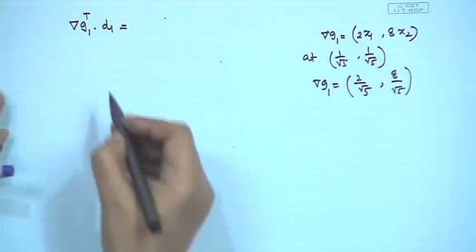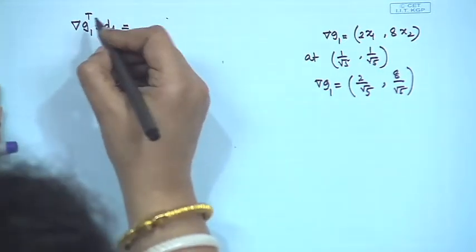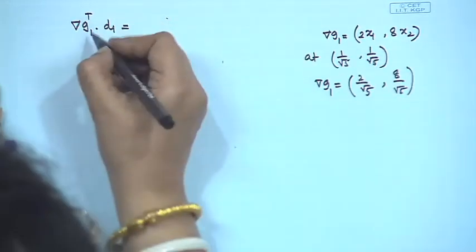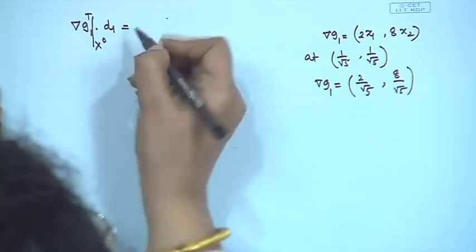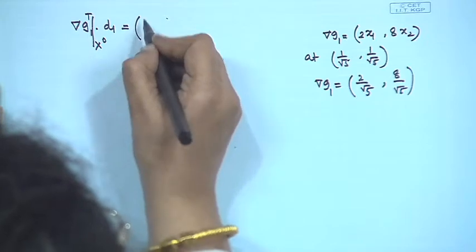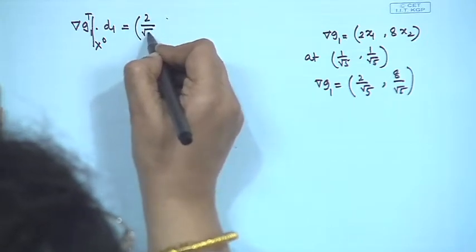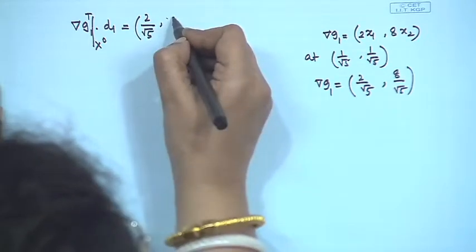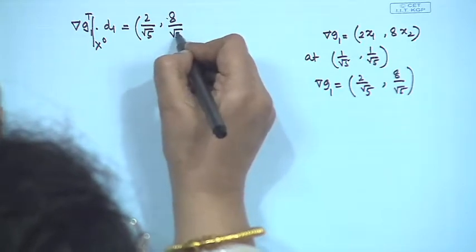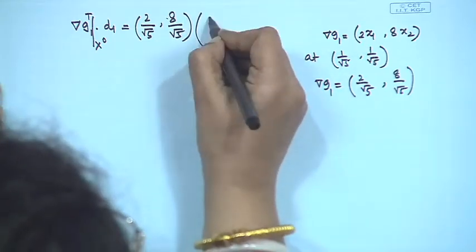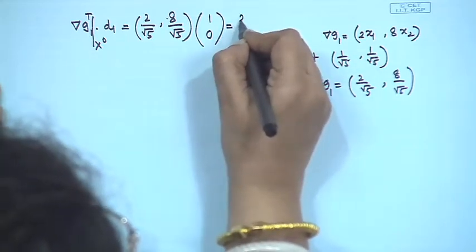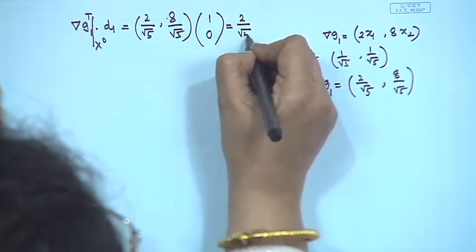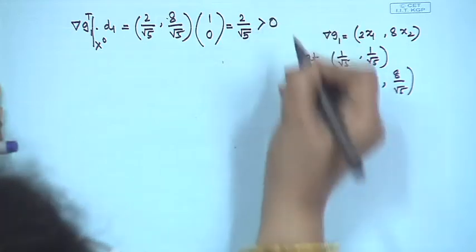That is why grad G1 at point x naught in the D1 direction, if we consider, would be equal to 2 by root 5, 8 by root 5, and my D1 direction is 1, 0. That is why we can say this is equal to 2 by root 5. This is greater than 0.